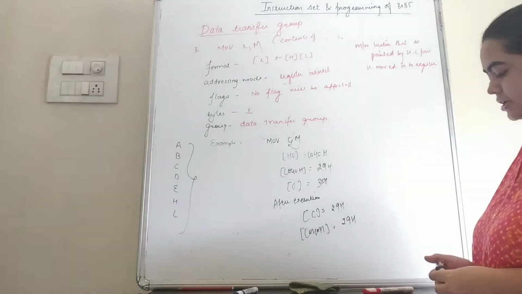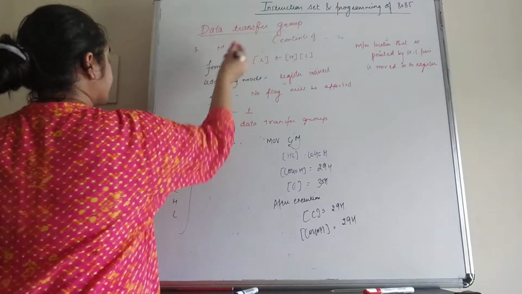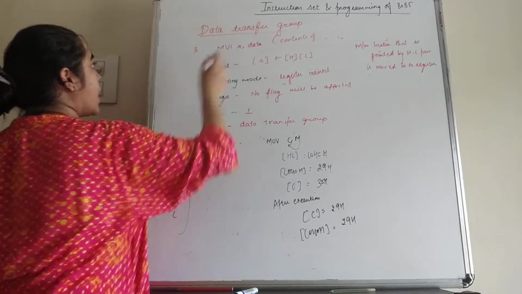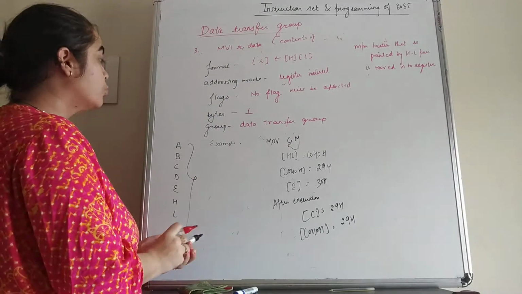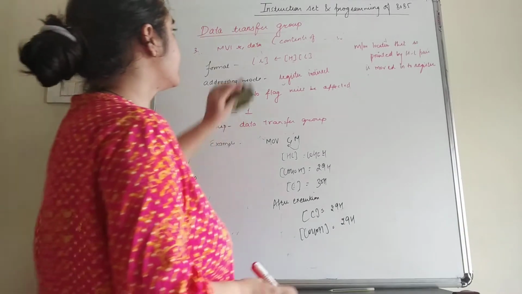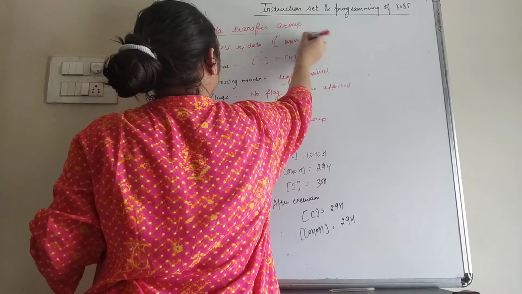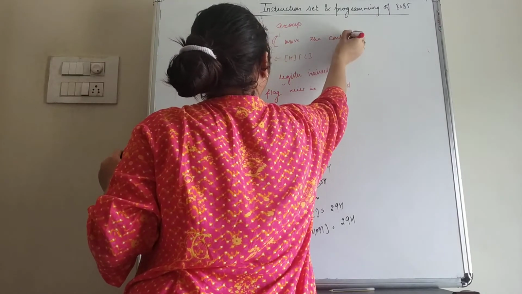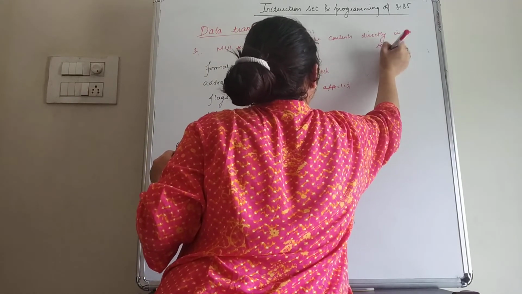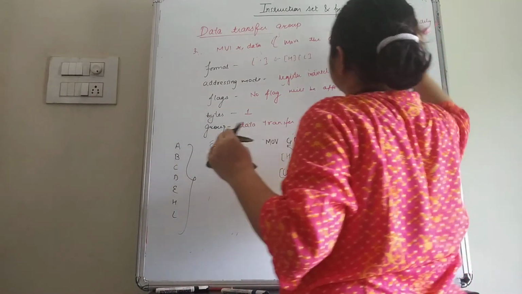After this instruction, the next instruction we have is MVI R comma data. MVI R comma data means to move the contents given in the instruction directly, or immediately, into the register.